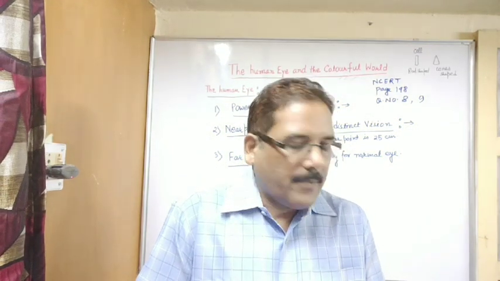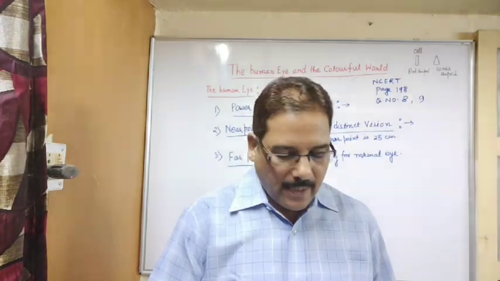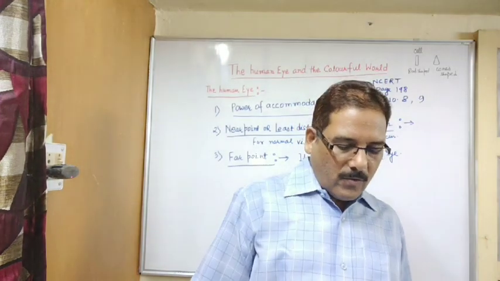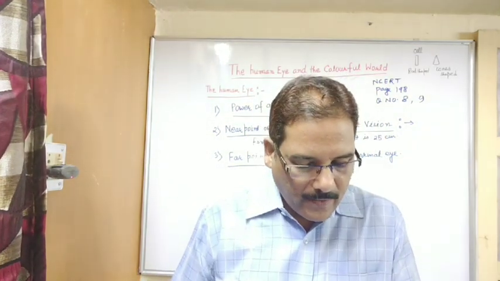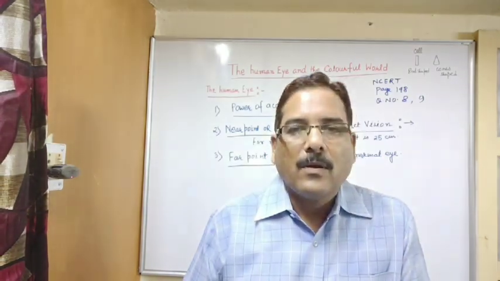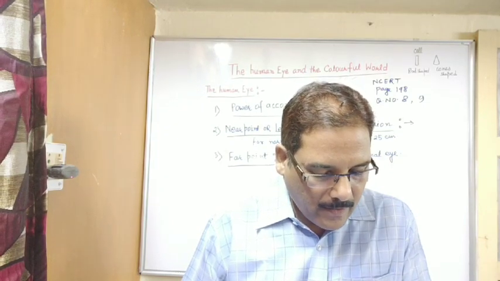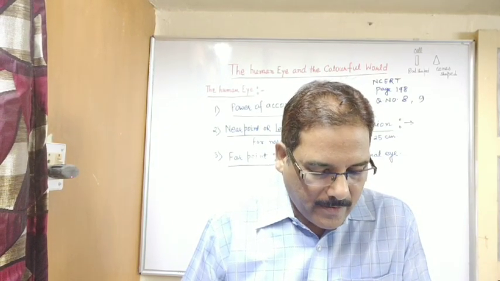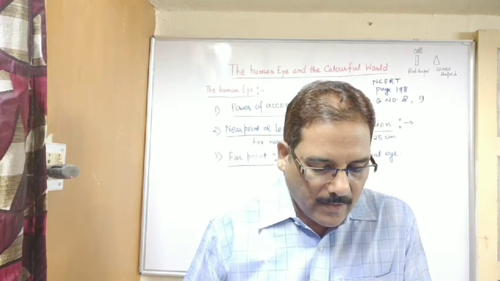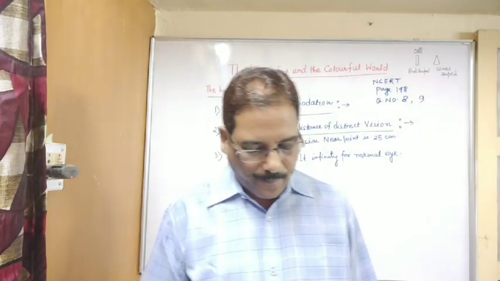As we have discussed, the least distance is 25 centimeter. Then question number 4: the change in focal length of an eye lens is caused by the action of: pupil, retina, ciliary muscles, iris. So what will be the answer? Change in focal length of the eye lens is caused by the action of ciliary muscles.